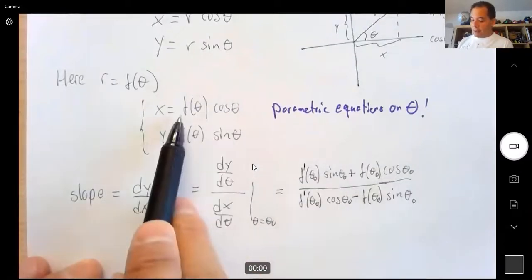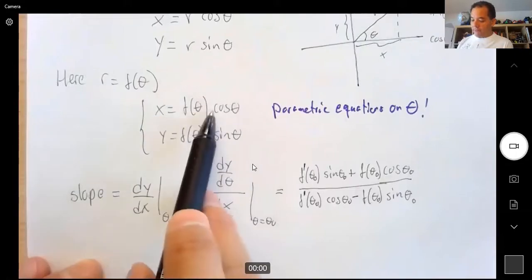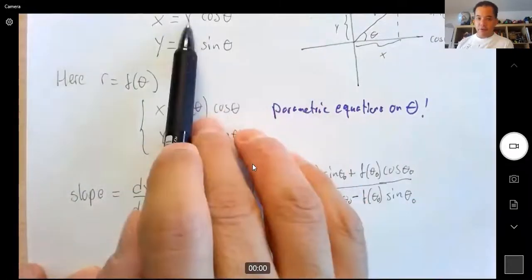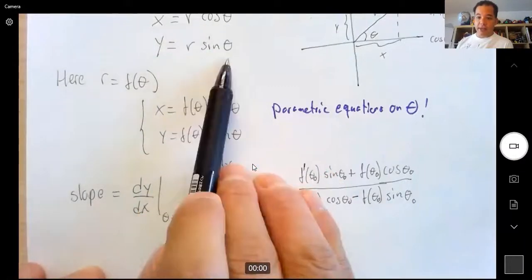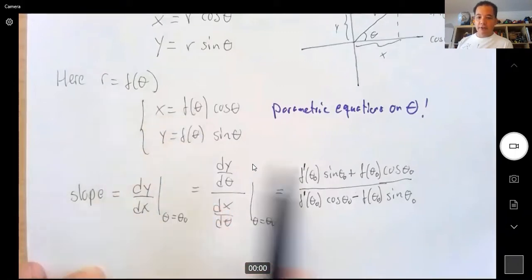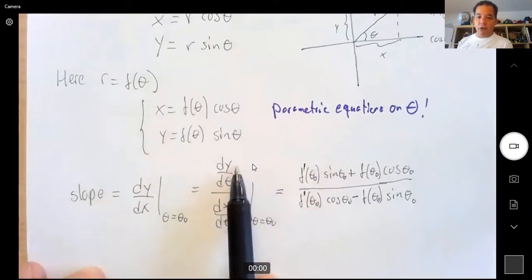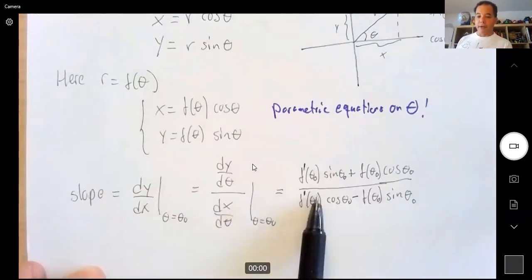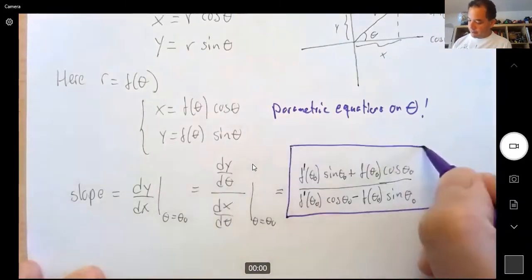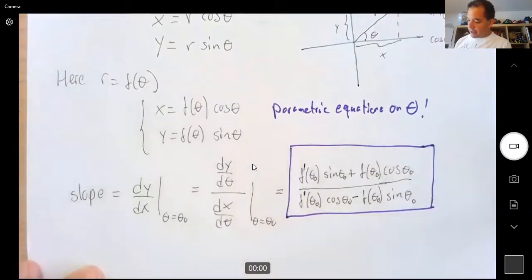You can simply remember that this is just r cosine theta and r sine theta. Plug in what r stands for, and then take the derivatives with respect to theta. The derivative of y on top, the derivative of x on the bottom. And that's how we figured it out. So this is the slope formula, the slope at a specific angle.